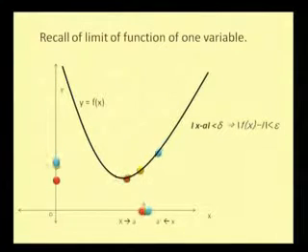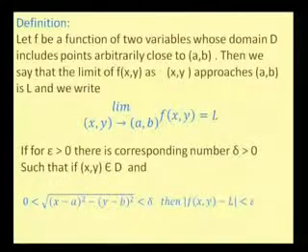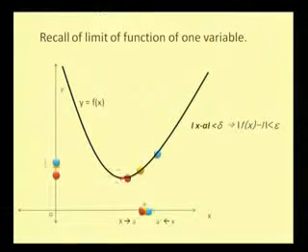The definition for the limit of one variable is like this: for given epsilon greater than 0, there exists delta greater than 0 such that modulus of x minus a is less than delta implies modulus of f of x minus L is less than epsilon, right?